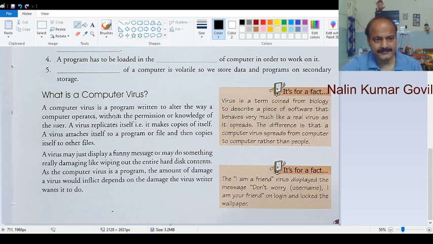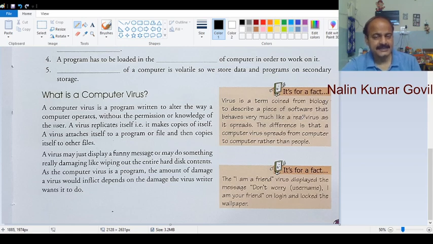So one important word, the virus. What is the meaning of the virus? The virus is a term coined from biology. The virus is a biological term, and a virus spreads from one person to another person.